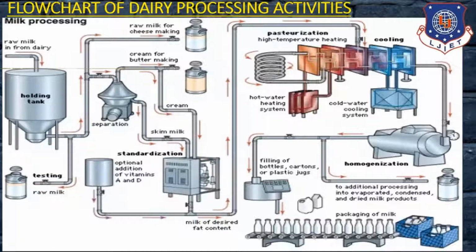Okay, from standardization it enters the pasteurization. Here in pasteurization it is heated at high temperature and then cooled, with hot water for the heating system and cold water for the cooling system.